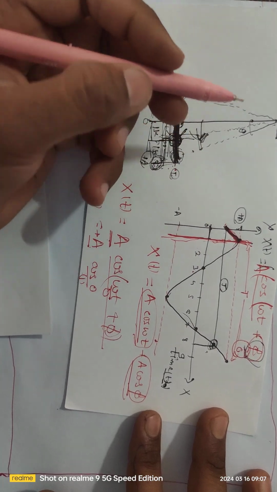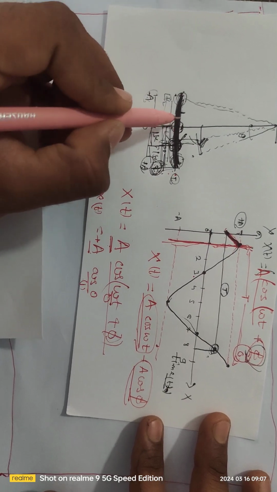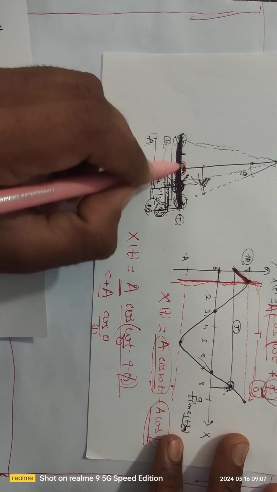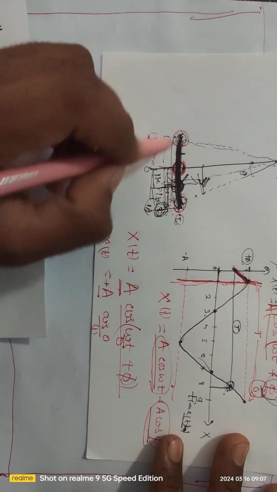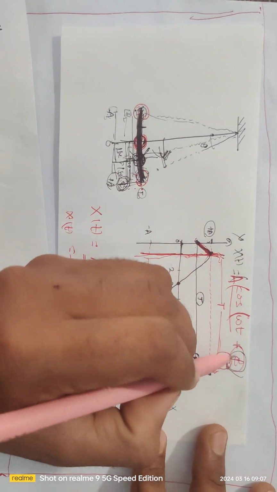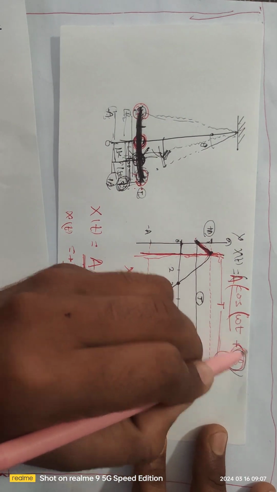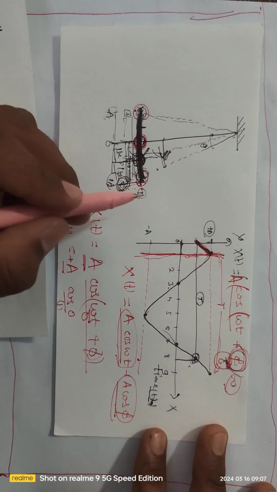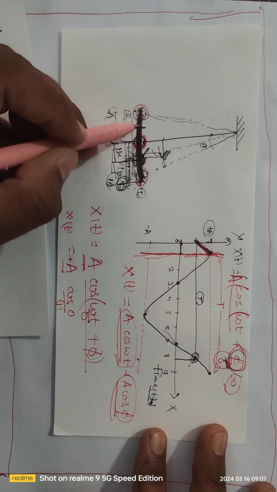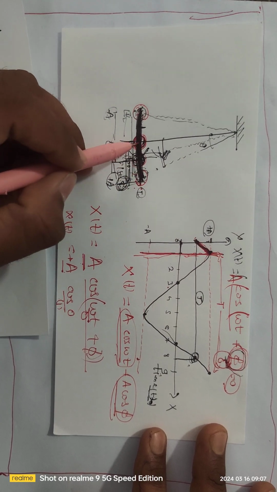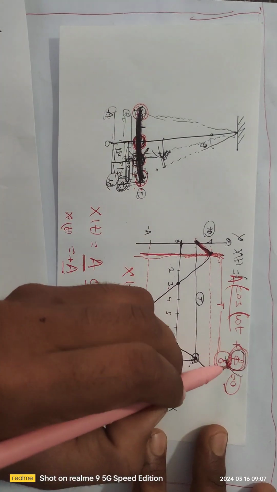So if we start counting the oscillation from the equilibrium position or from the extreme position on both sides, at that time the value of this constant, which is called the phase constant, will become 0. But except these three conditions, if we start counting oscillation in between the equilibrium position and the extreme position on both sides, at that time our phase constant has some value.